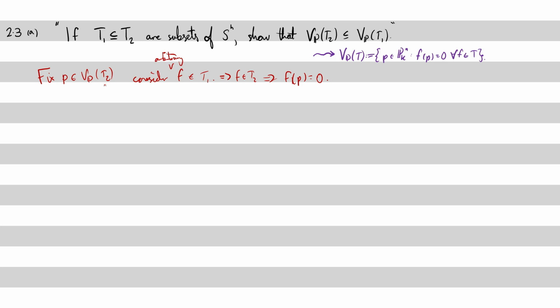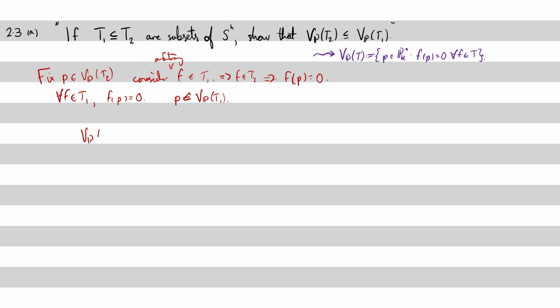Now, as f was arbitrary, we can say that for all f in T1, f of p equals 0. In particular, this means that p is within the vanishing set of T1.